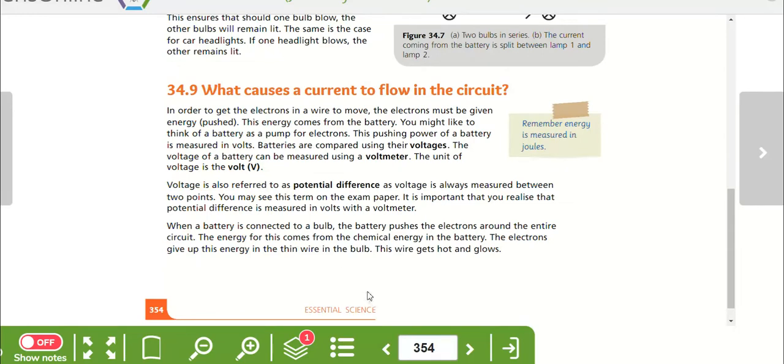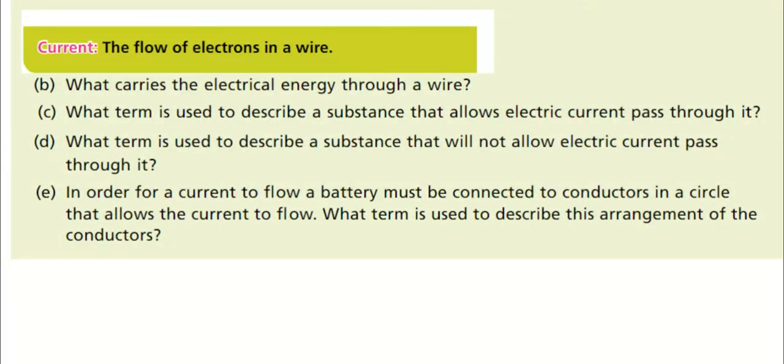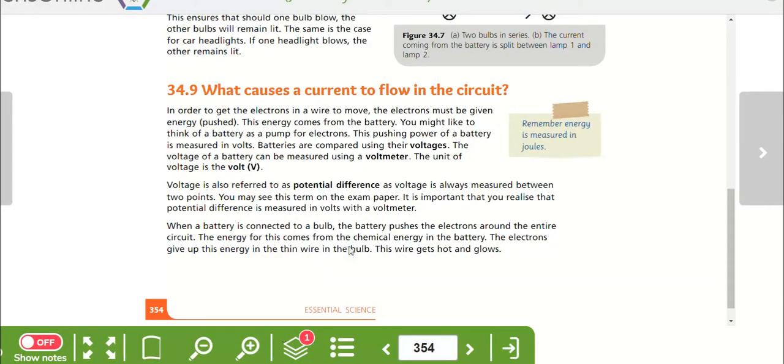Okay, so the question was, what carries the electrical energy through a wire? Energy is used to move the electrons through the wire. This energy comes from the battery. Okay, there you go.